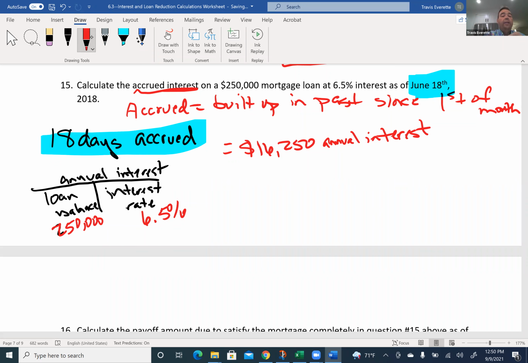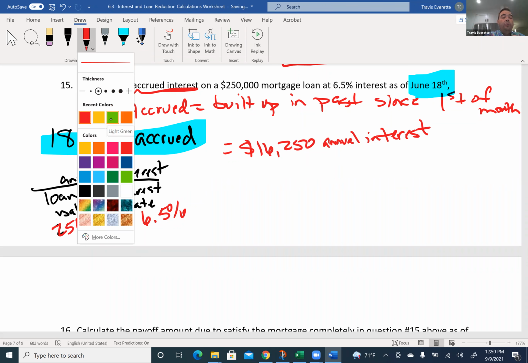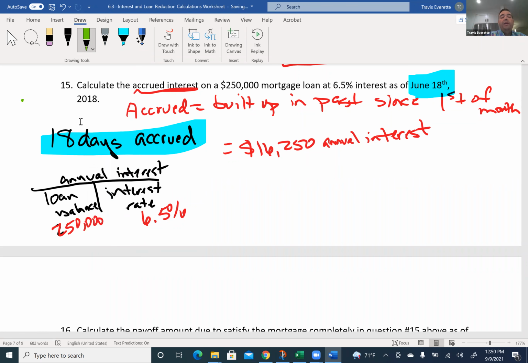So what we need to do first is get this broken down into a daily rate. We need to be at days here. So we're going to take that annual number, 16,250, and break it down or divide it into daily by dividing by 360, because that's the number of days in the year. And if we do that, we come up with $45 and about 14 cents a day, 0.1388 daily.